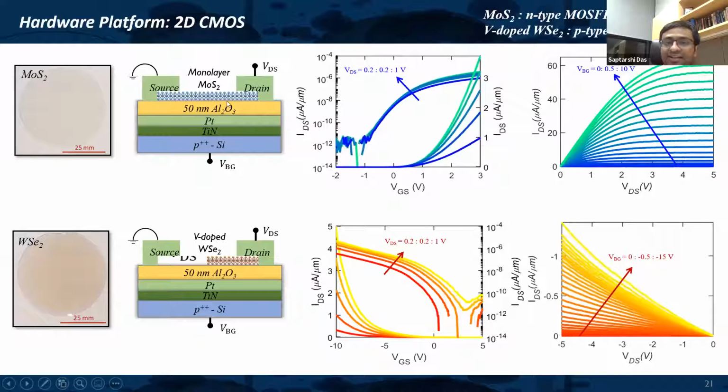You can clearly see that the MoS2 monolayer, which is large-area grown, is primarily an N-type device, while vanadium-doped WSe2 is primarily a P-type device, because vanadium is a P-type dopant for WSe2. So now we have the capability of making both N-type and P-type channel material, which is very important for CMOS.